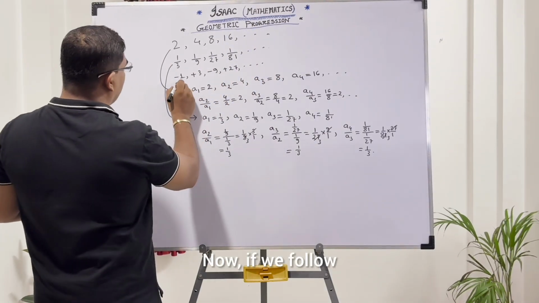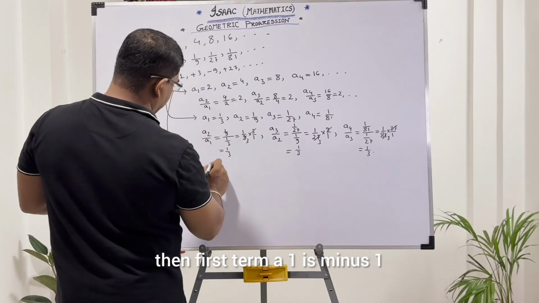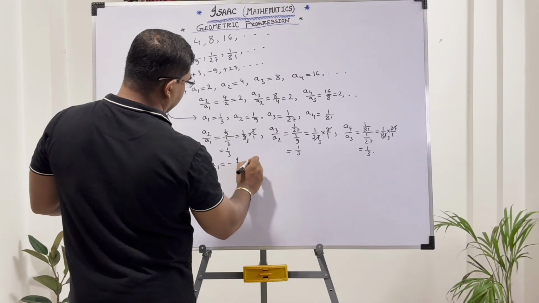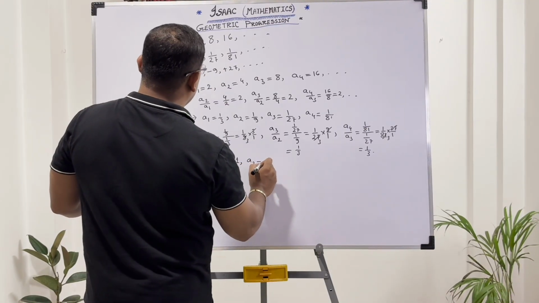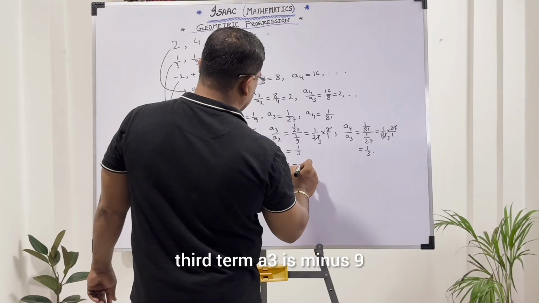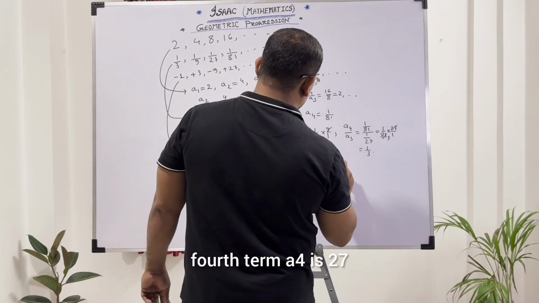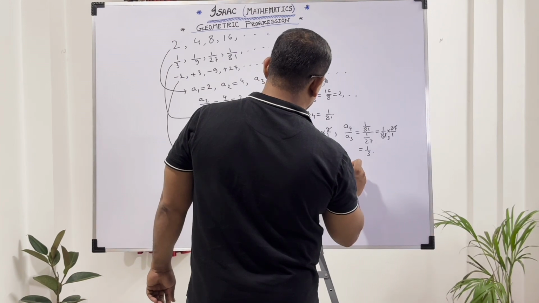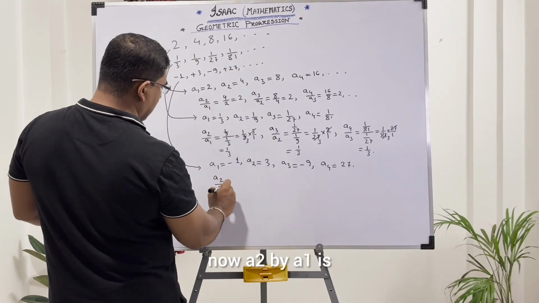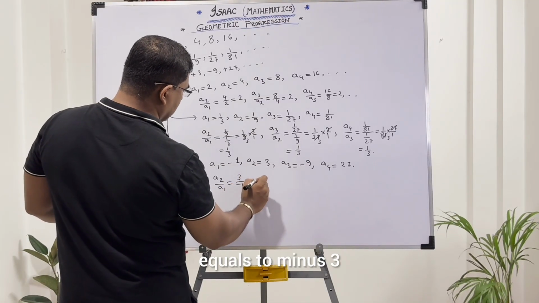Now, if we follow the third series, then the first term A1 is minus 1. Second term A2 is 3. Third term A3 is minus 9. Fourth term A4 is 27. Now, A2 by A1 is equal to 3 by minus 1 equals minus 3.